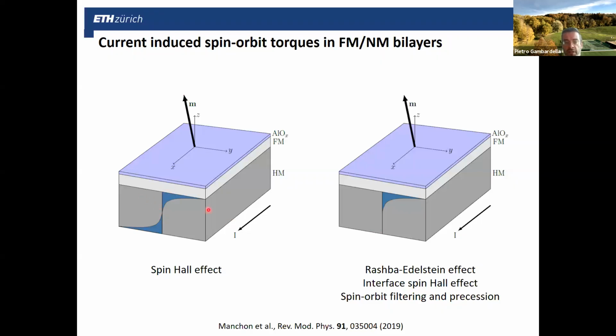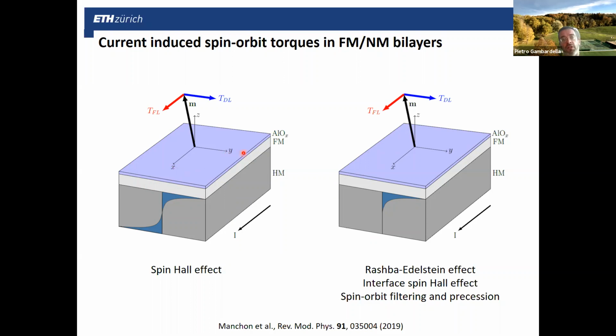But as long as you have a spin accumulation at the interface with a second material, which is magnetic, then this spin that accumulates at the interface will diffuse into the magnet and be absorbed in the magnet. And when a spin current is absorbed, this is equivalent to a torque, a magnetic torque.